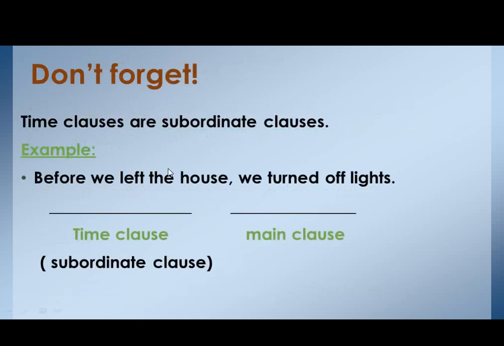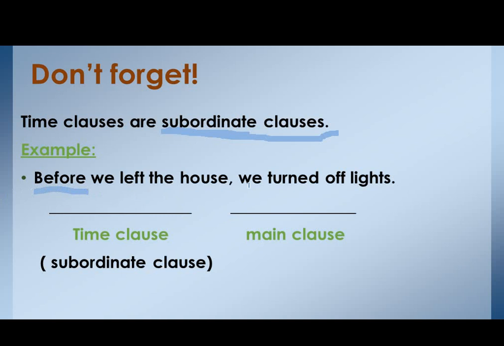Don't forget that time clauses are always subordinate clauses. Let's see the example here. Before we left the house, we turned off the lights. Before we left the house, this is the time clause because it started with the word before, which is a time word.